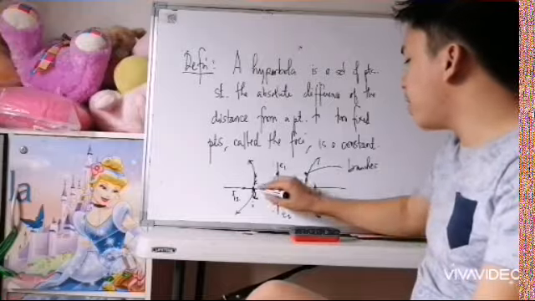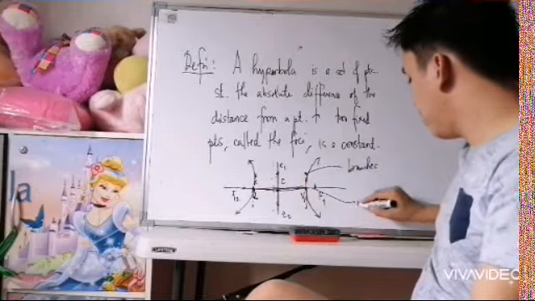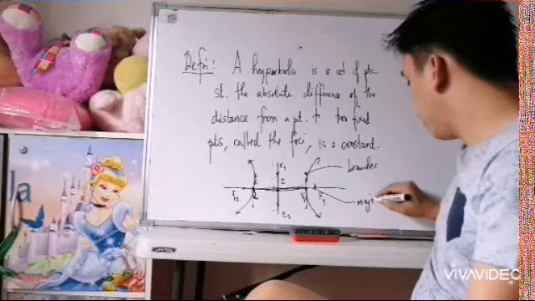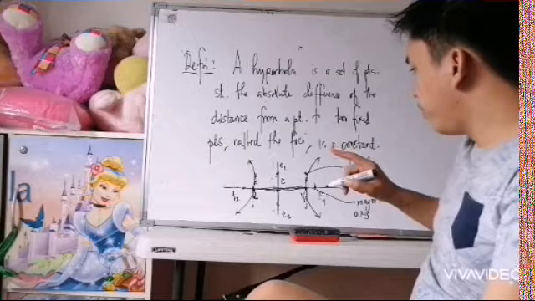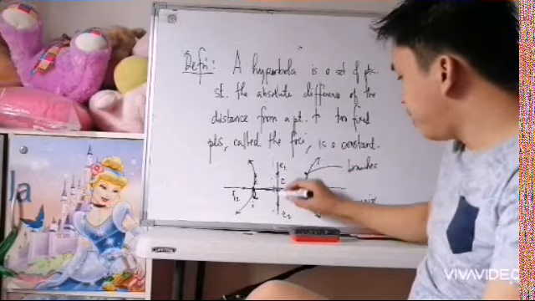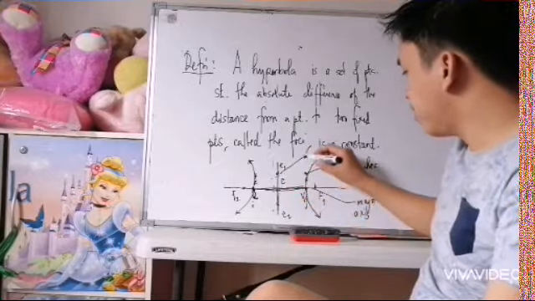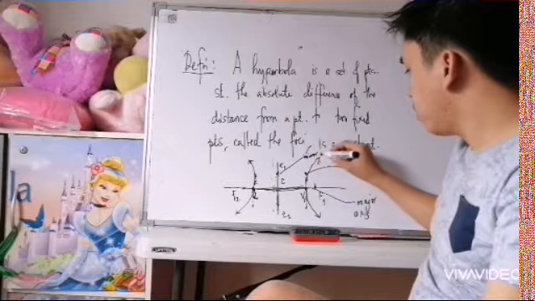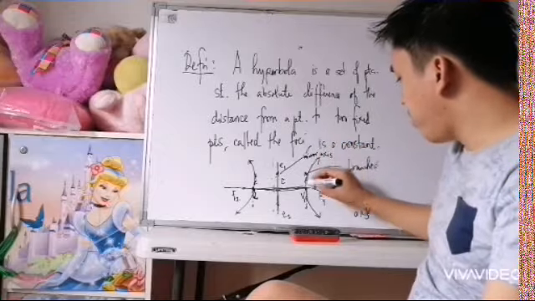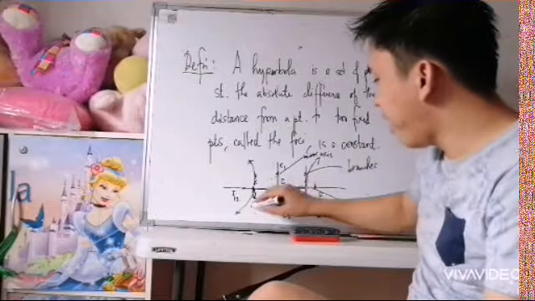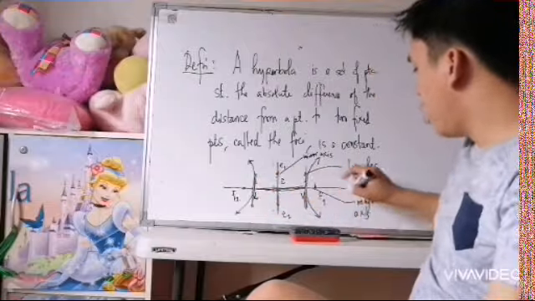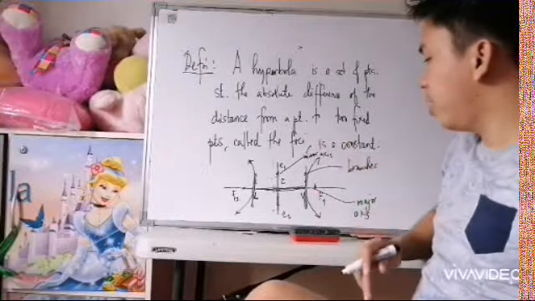So take note, this is the major axis. This is the minor axis. These imaginary line segments passing through the vertices parallel to the minor axis are what we call branches.